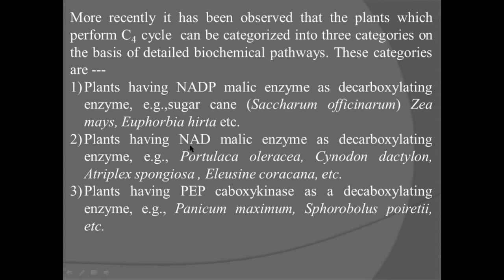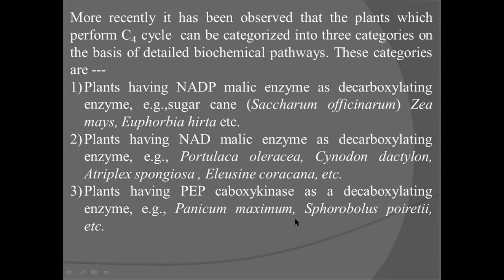Number two, plants having NAD malic enzyme as decarboxylating enzyme, example Portulaca oleracea, Cynodon dactylon, Atriplex spongiosa, Eleusine coracana, etc. And number three is plants having PEP carboxykinase as a decarboxylating enzyme.